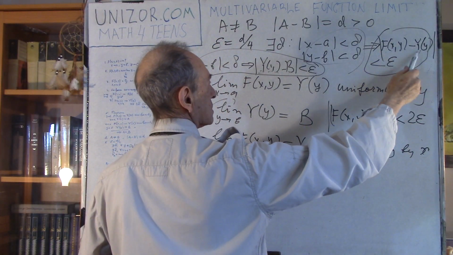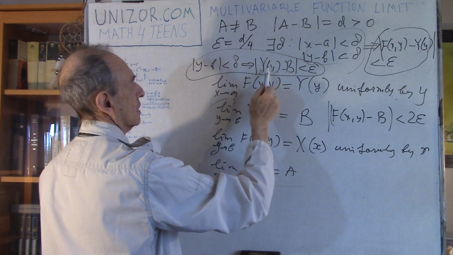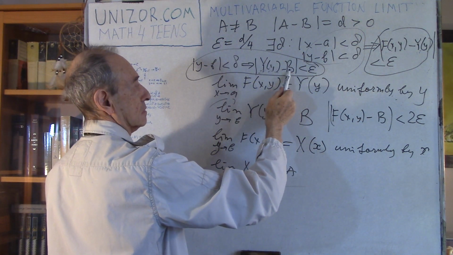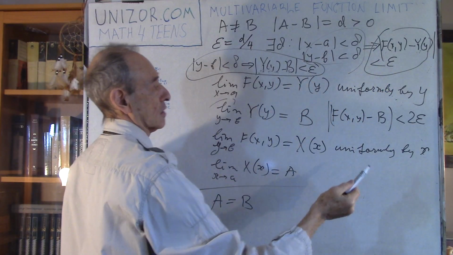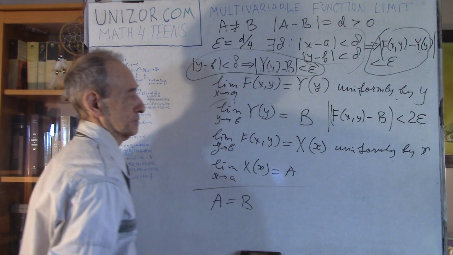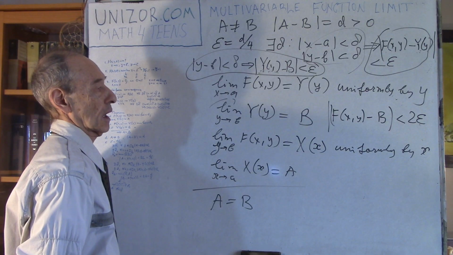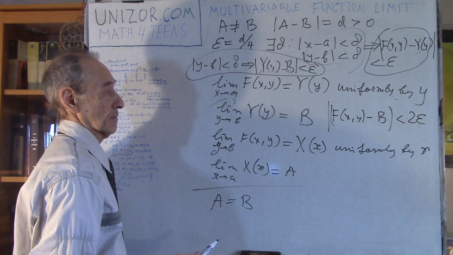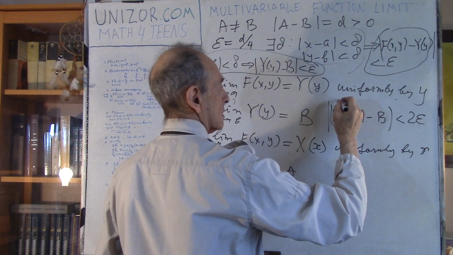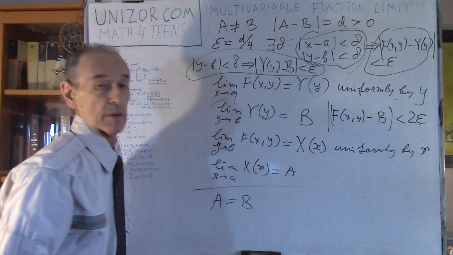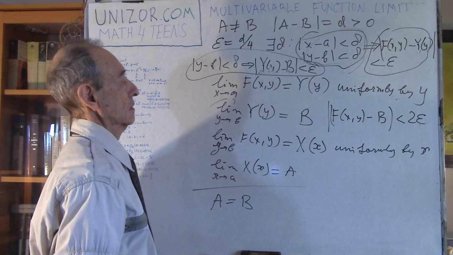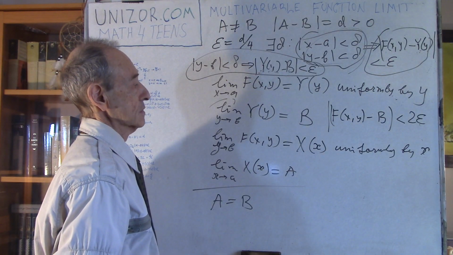Distance between this is less than epsilon, distance between this is also less than epsilon, which means the distance between this and this should be less than 2 epsilon. Okay? Great. Well, as long as x and y are in some very close neighborhood of their limit points.